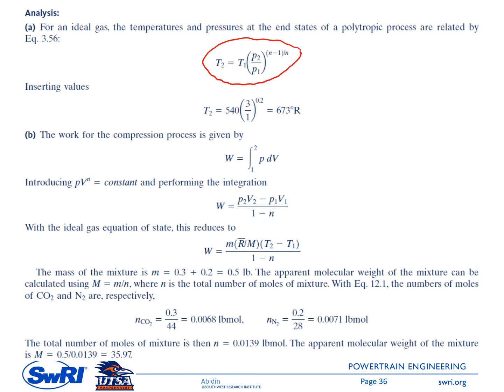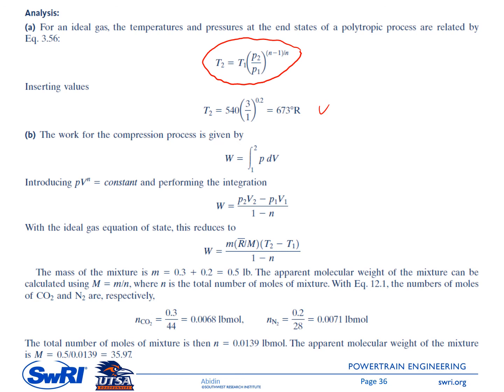So T2 equals T1 times (P2 over P1) to the power of (n minus 1) over n. We have all the numbers for the parameters on the right hand side. You just plug in all the numbers there, and you will get T2 of 673 degrees Rankine.